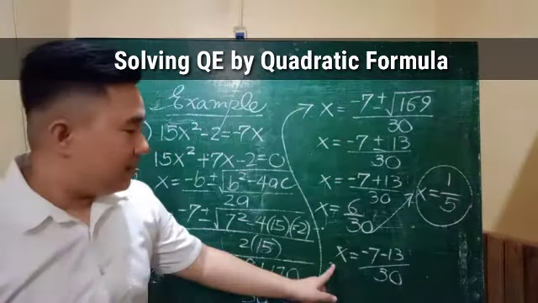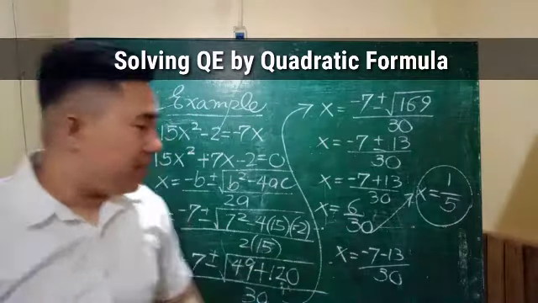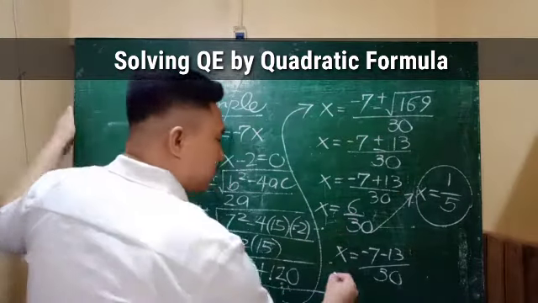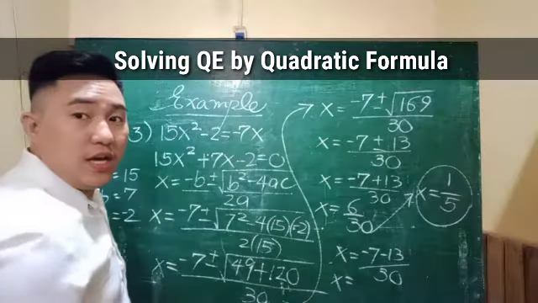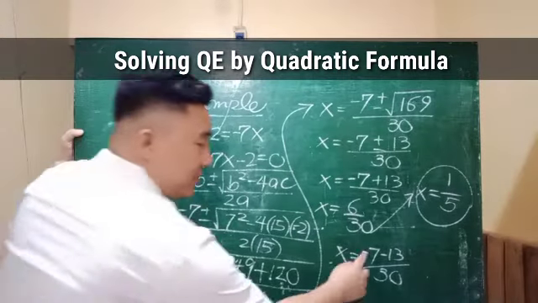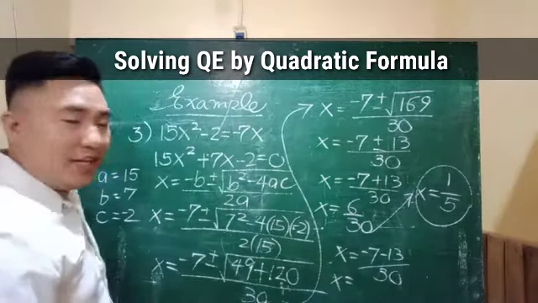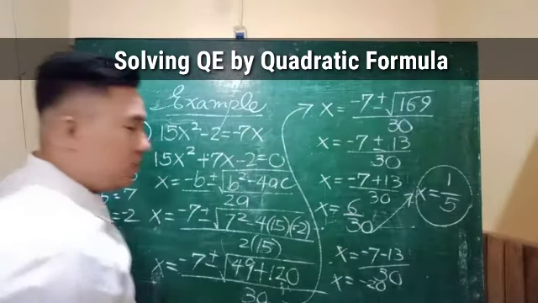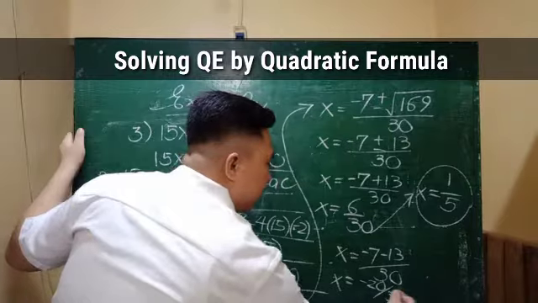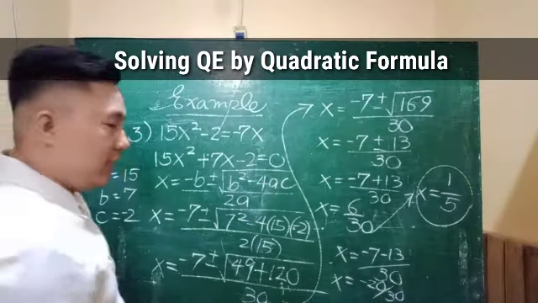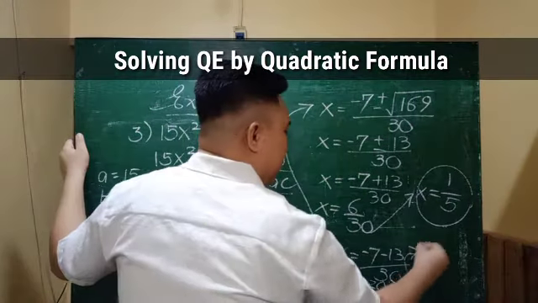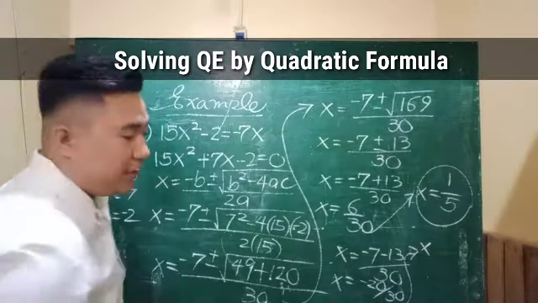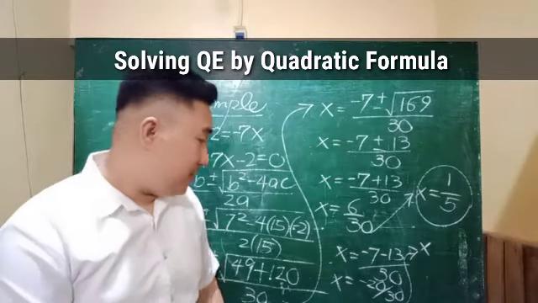Then last, x equals negative 7 minus 13. So x equals, same sign, add and keep the sign. So negative 20 over 30. Okay? Next, simplify. X equals, pwede natin siyang i-divide by 10.